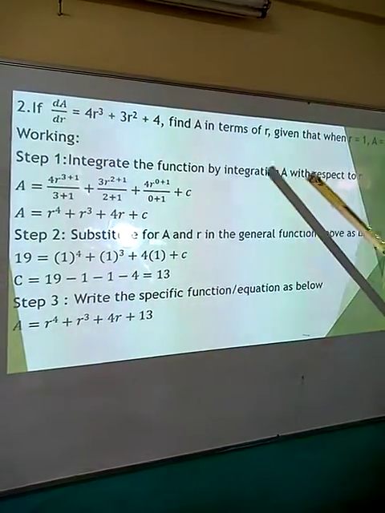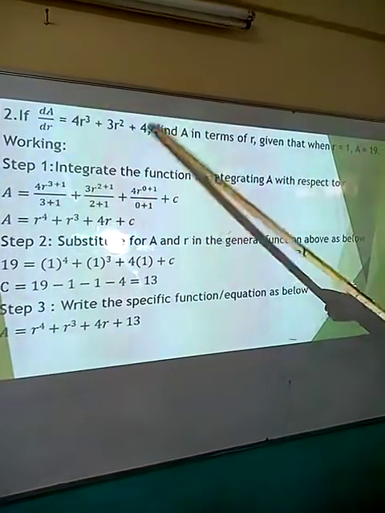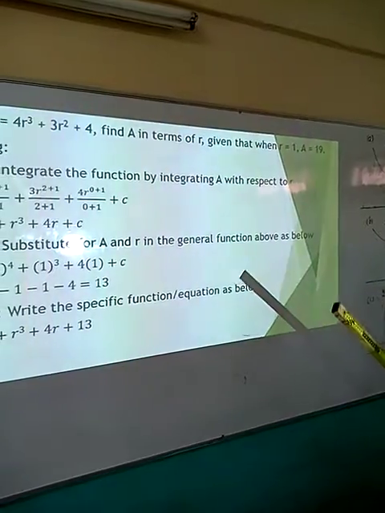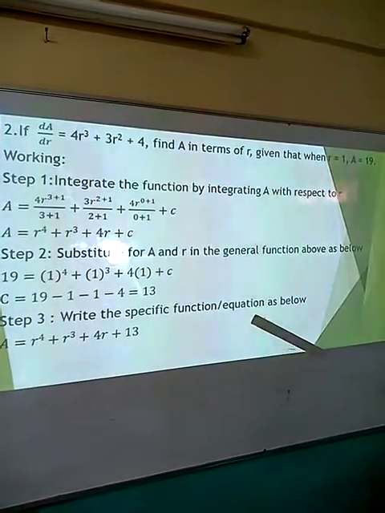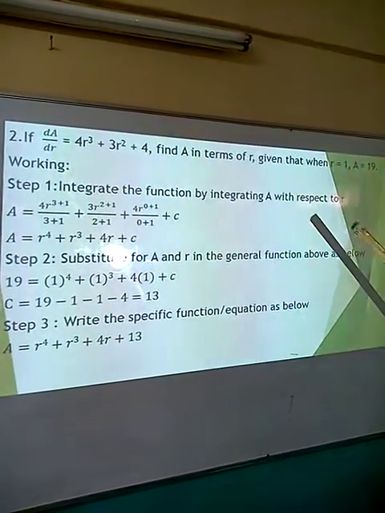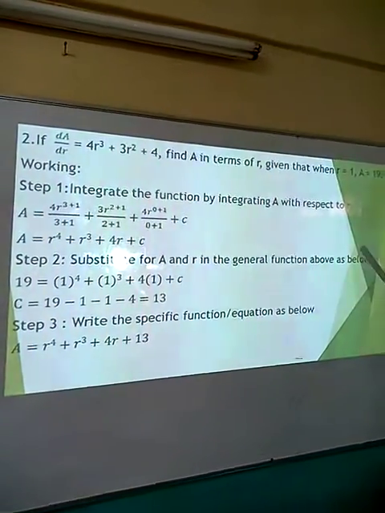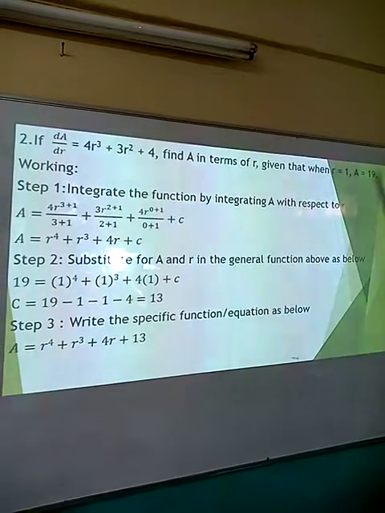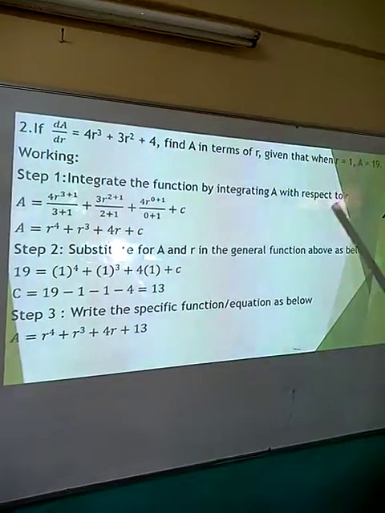Again, if we were to end there, that information gives us a general function. But I was bringing out this example so that we get to know that not all our functions have to be in terms of x and y only. This is now a function in terms of A and r. And therefore, we are integrating with respect to r.